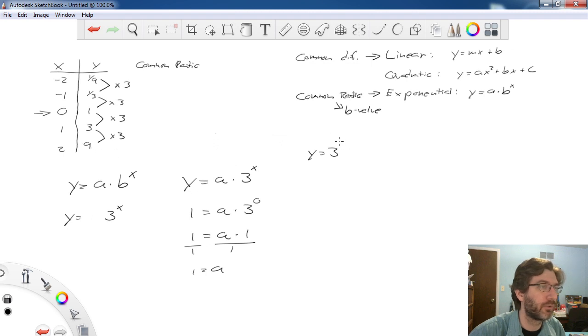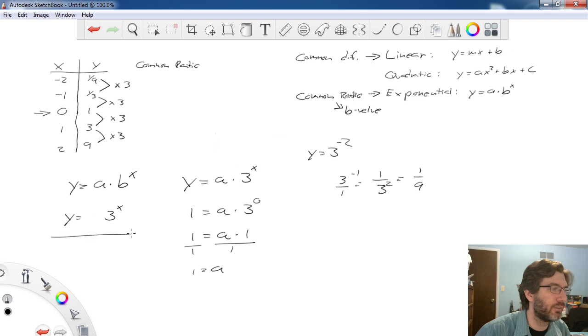That works. What if I took the negative 1 value? 3 to the negative first, remember your negative exponents, that just flips your fraction around. So it's going to become 1 over 3 to the first, which becomes 1 over 3. And that checks out. If it was negative 2, that would check out as well.